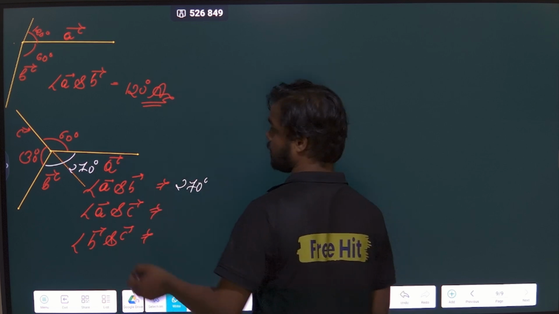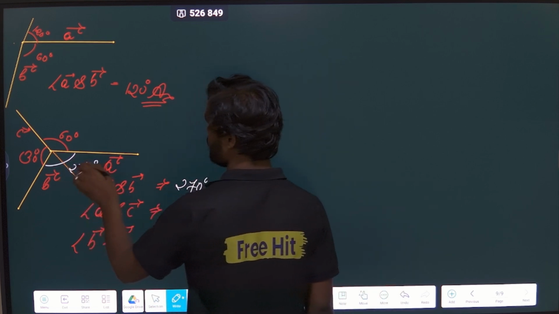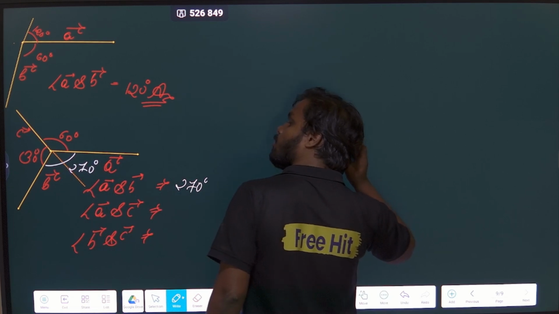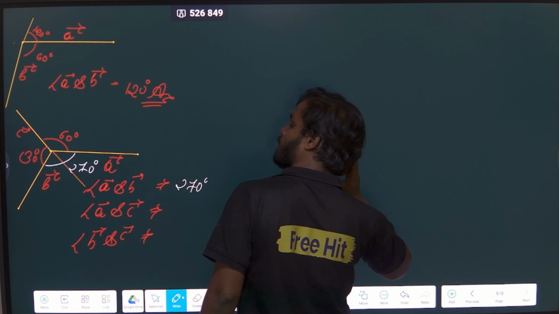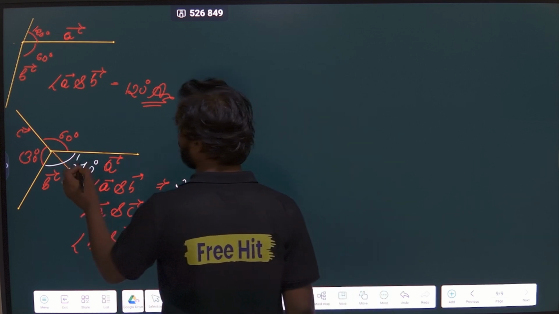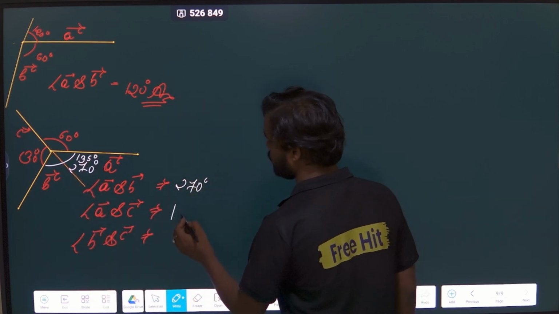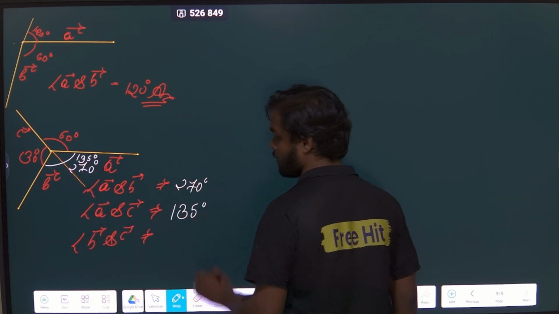So what will this angle be then? It will be 270, half will be how much? 135 degrees. Yes or no? So this is my 135 degrees half angle. Clear? So this will become 135 degrees.